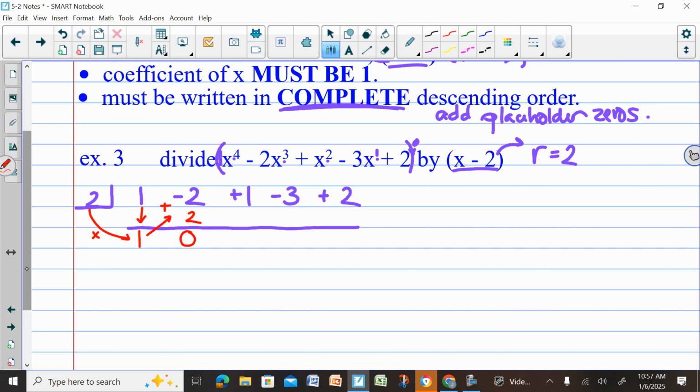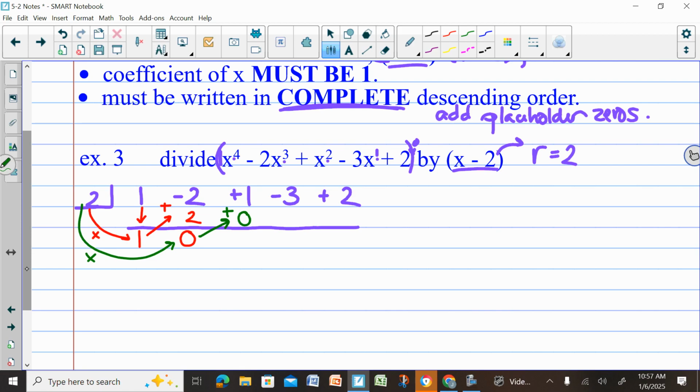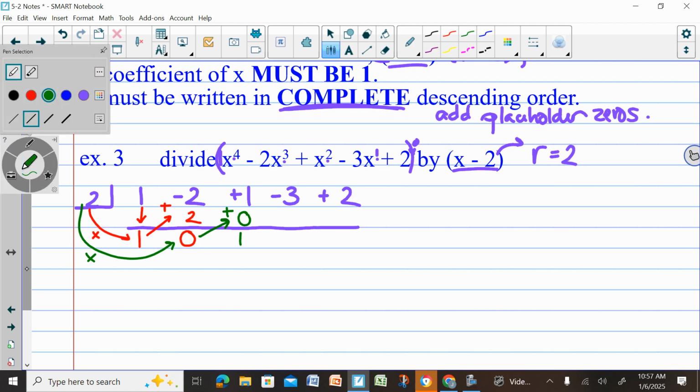And now we just repeat the same process. We start with the 2, times it by this number. 2 times 0 is 0. Add, that number goes here. Add those two together. 1 plus 0 is 1. And then repeat the process again. One more time with the arrows, 2 times the number that's sitting here is 2.